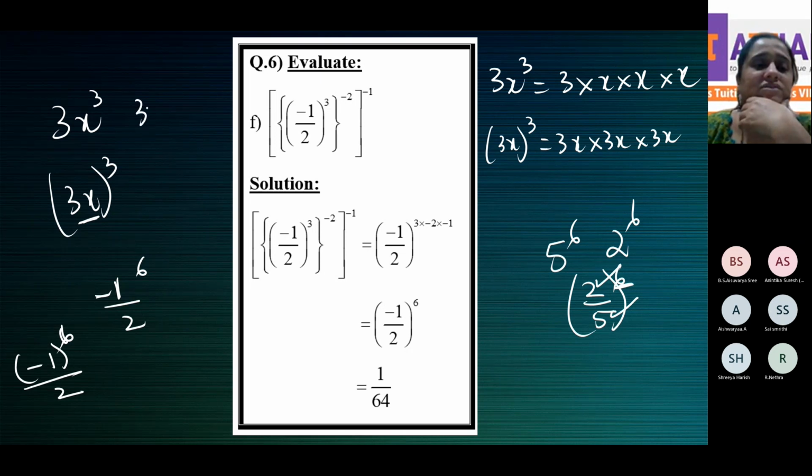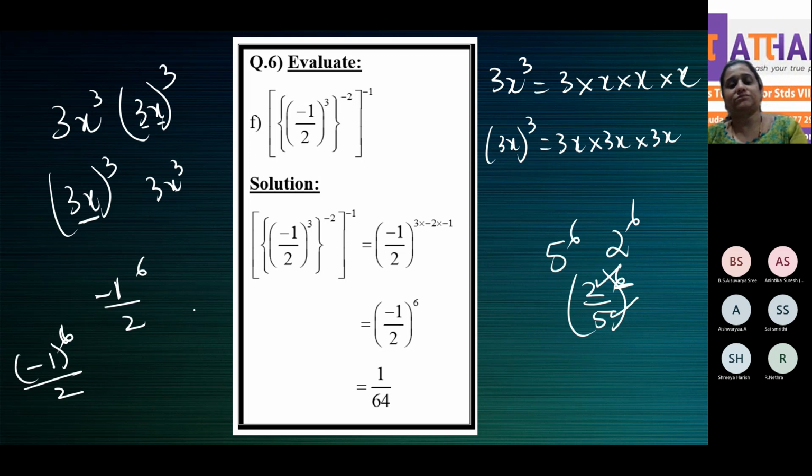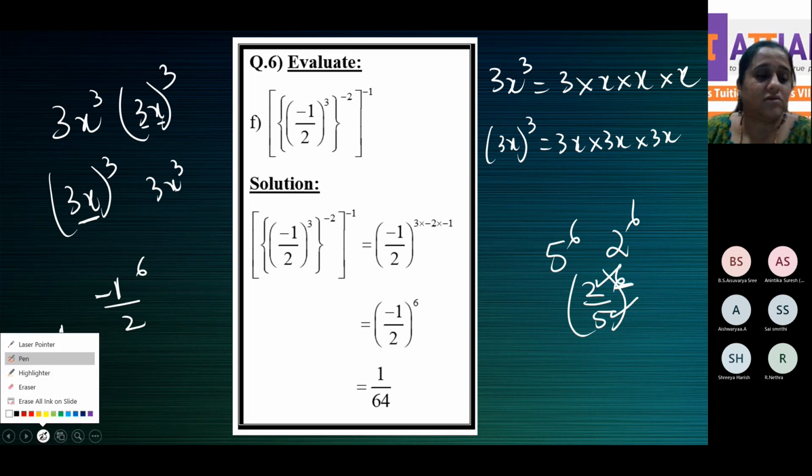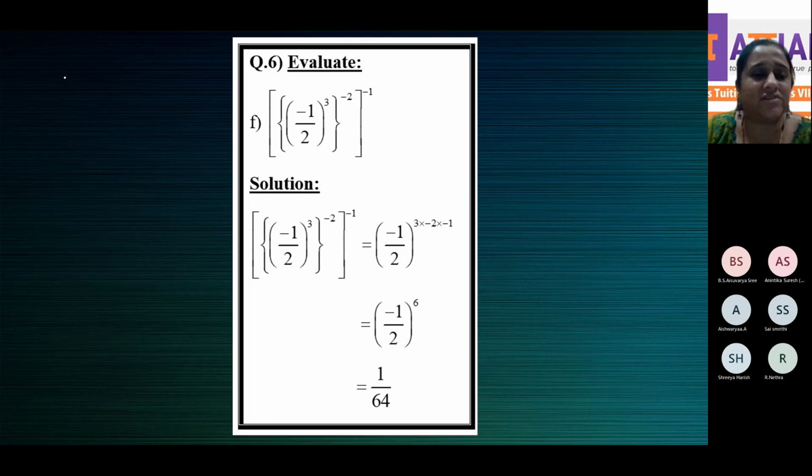Like here, 3x: there's 3 and there's x. If you put the bracket, it is the whole cubed. But if you don't, the cube is only for x, not for 3. So what are the cases when we use a bracket? When it's negative, like minus 5, then we say whole power 3.